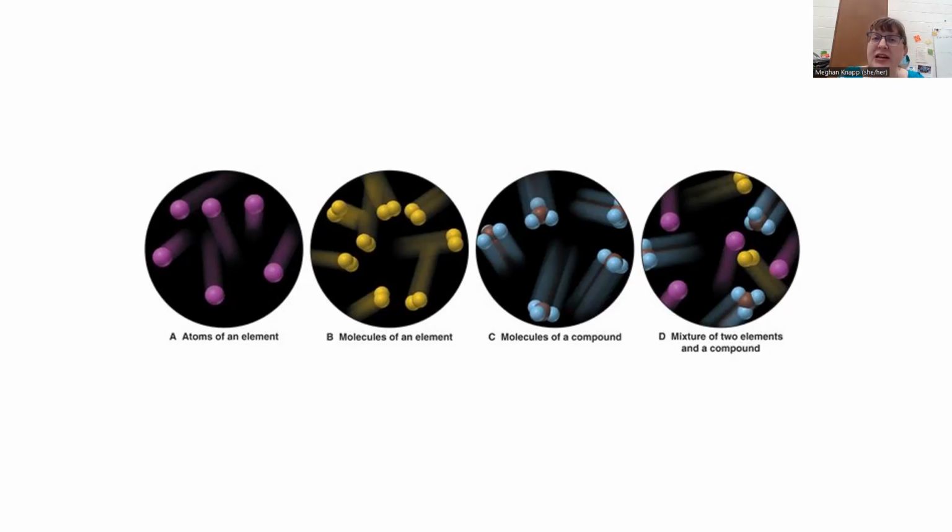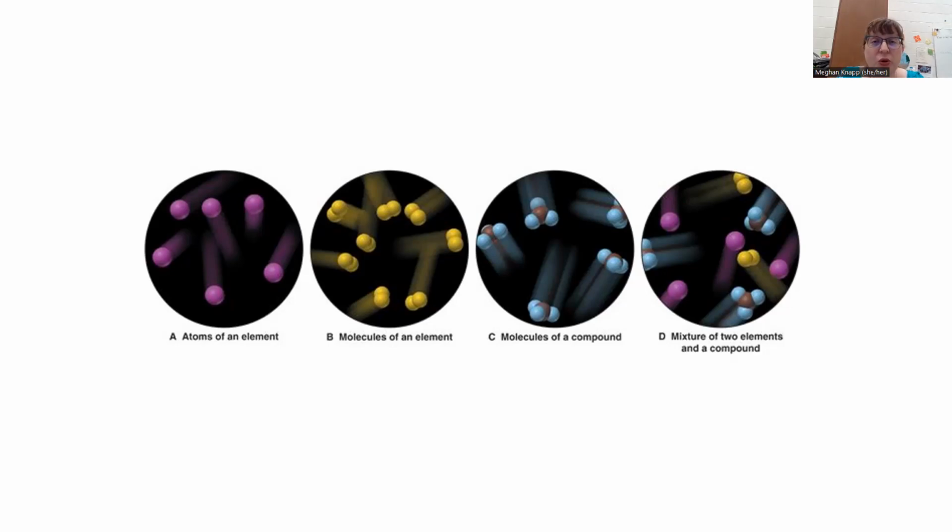A compound is going to have the molecules stuck together, like you see in C here, and all of the molecules are going to look the same. So you see every one of those little particles has a black atom at the center and a light blue atom surrounding the center of the molecule. So compounds can be separated chemically because we can use a chemical reaction to break apart those molecules into the individual elements or into different molecules.